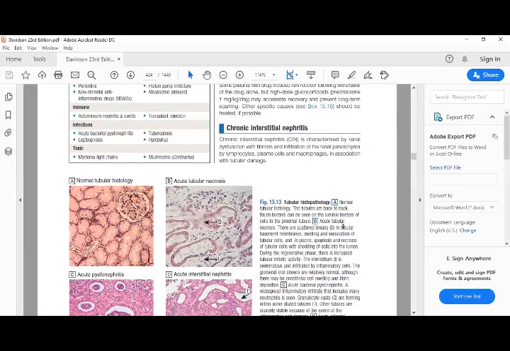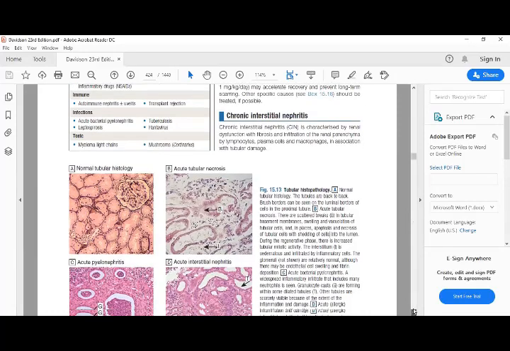Chronic interstitial nephritis is characterized by renal dysfunction with fibrosis and infiltration of renal parenchyma by lymphocytes, plasma cells, and macrophages in association with tubular damage.